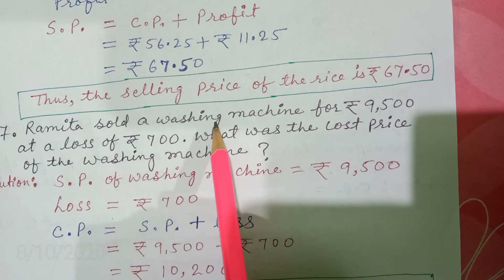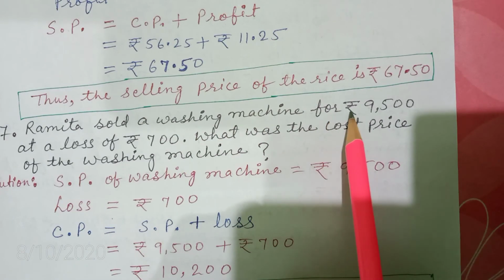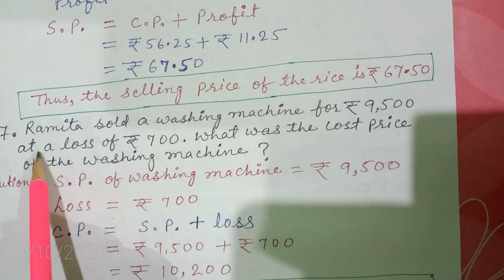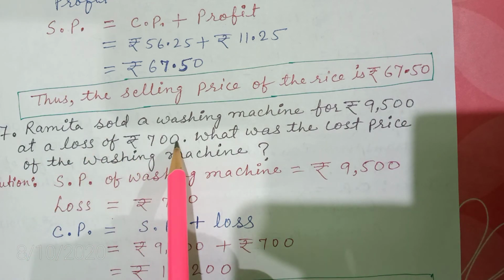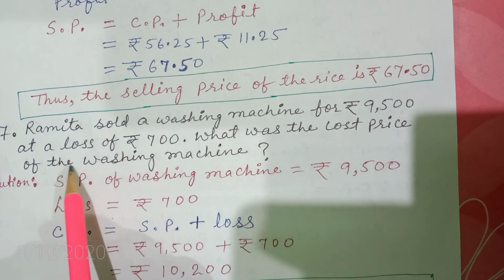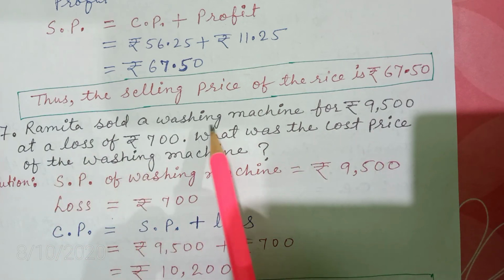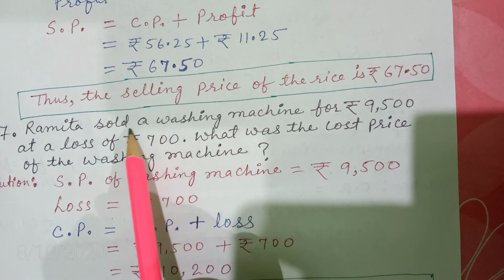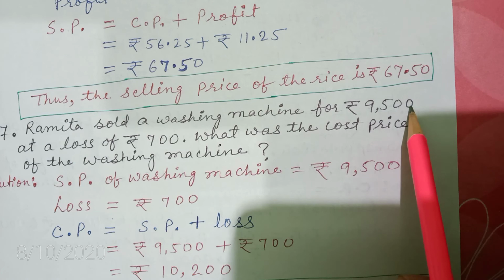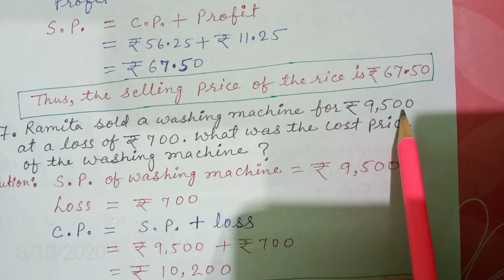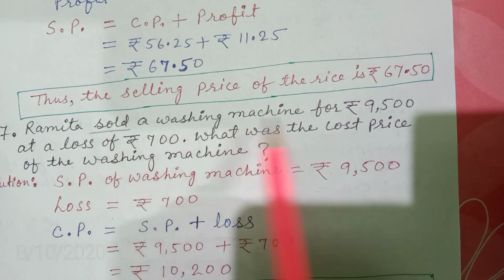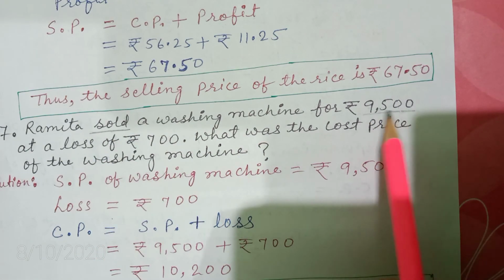Ramita sold a washing machine for rupees 9,500 at a loss of rupees 700. What was the cost price of the washing machine? Here children, rupees 9,500 is the SP of washing machine, because Ramita sold the washing machine for rupees 9,500.